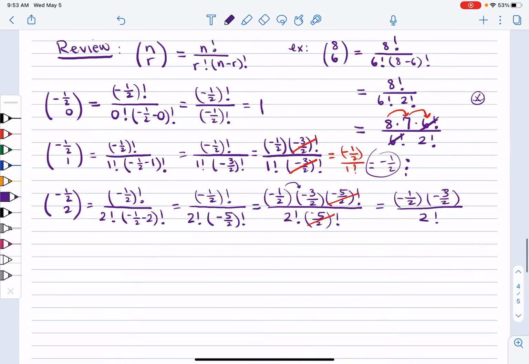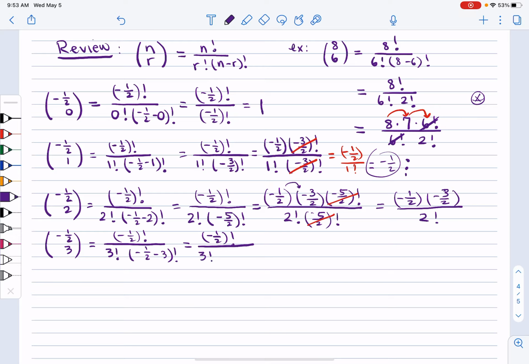We're going to do just one more. Negative 1/2 choose 3, which is equal to negative 1/2 factorial over 3 factorial, negative 1/2 minus 3 factorial, which is equal to negative 1/2 factorial over 3 factorial times negative 7/2 factorial, which is equal to negative 1/2 times negative 3/2 times negative 5/2 times negative 7/2 factorial over 3 factorial, negative 7/2 factorial.